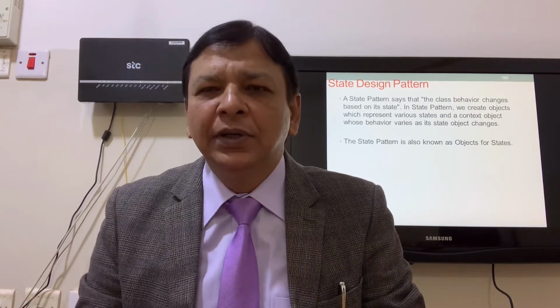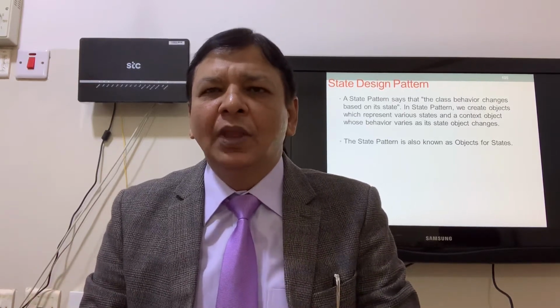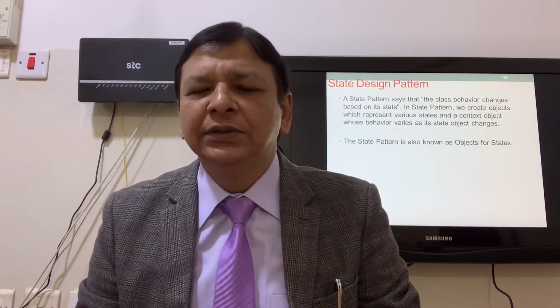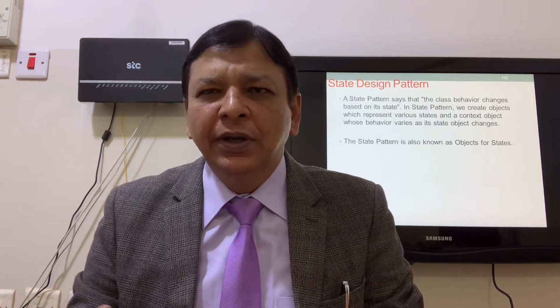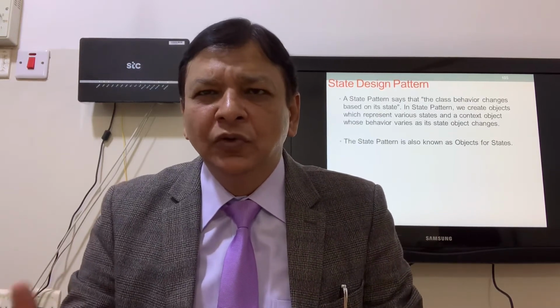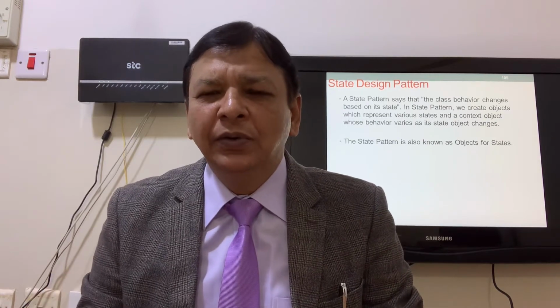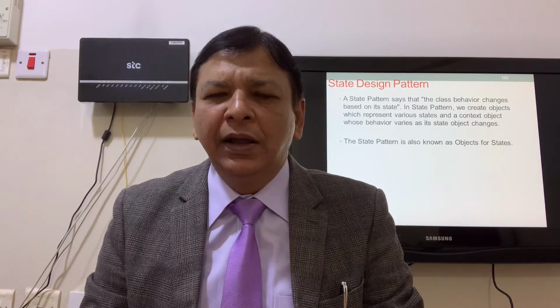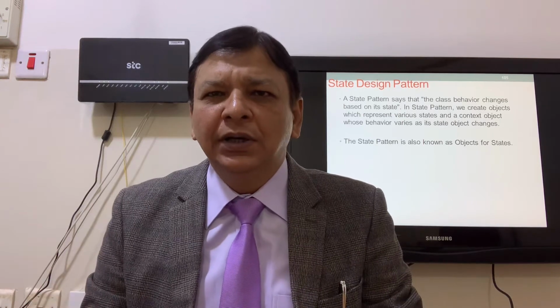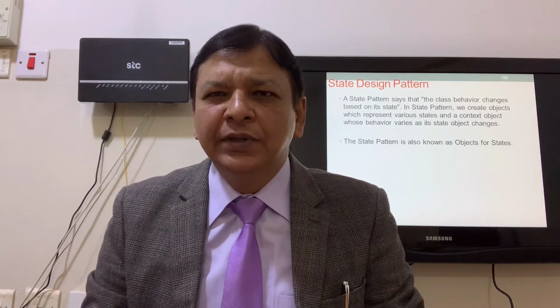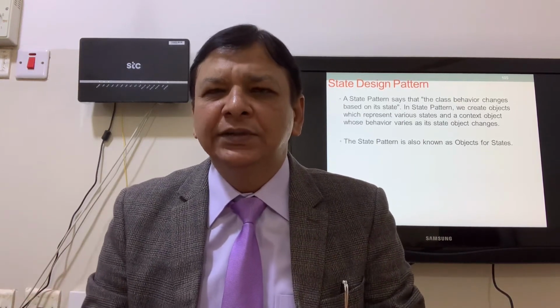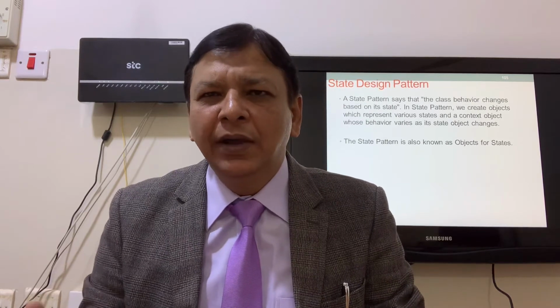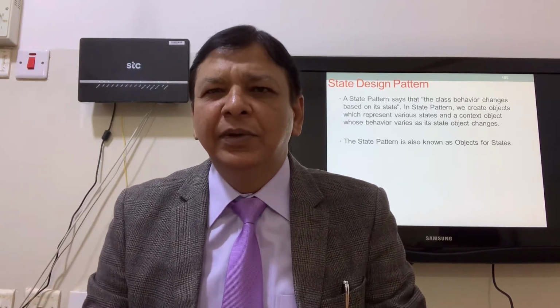For example, during driving, we have cameras on the signals. If we have a green state, we can move our car. If it is yellow and we have crossed the white line, we can cross the signal. And if it is red, we have to stop. Three states are there. Similarly, on the highway, the maximum speed limit is 120.